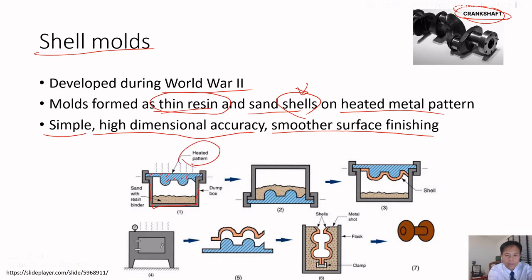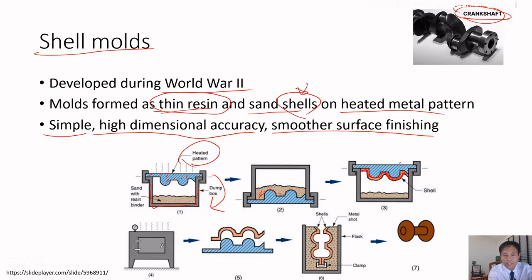So we heat the pattern, and then we push the pattern or turn it upside down, and the sand sticks to the pattern. Because the pattern is heated, the sand sticks to it more easily and creates a thin layer, right? So that's the difference from the green sand mold.